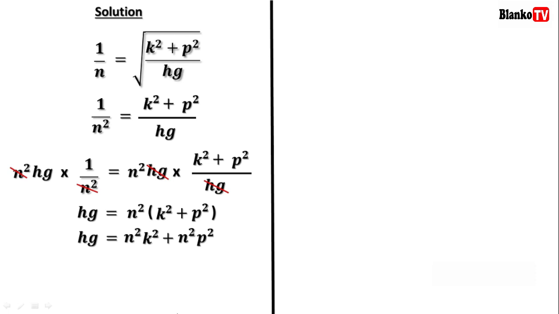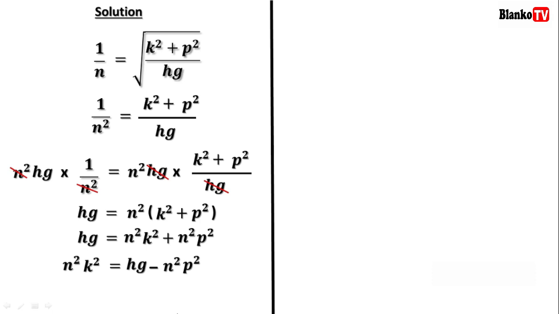Then we group like terms, putting the k term on one side. So we have n square k square equals hg minus n square p square.